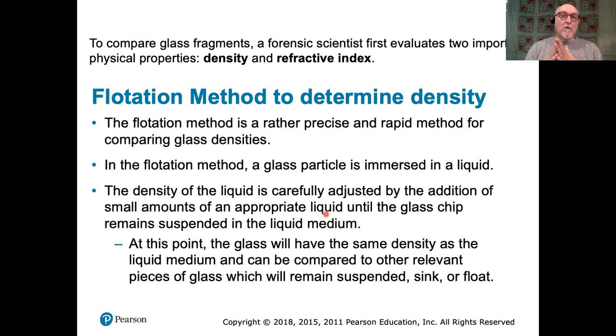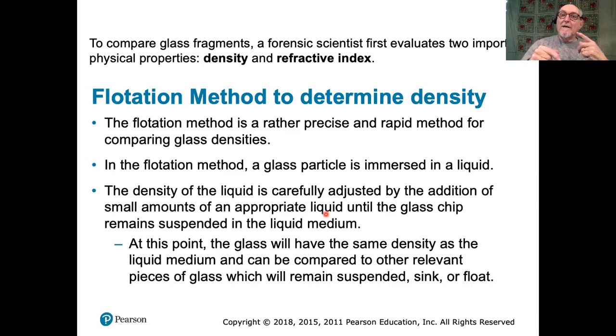This is how density can be determined. The fragment is immersed in a liquid, and the density of the liquid is changed. So we take our piece of glass, put it in, and watch what happens.